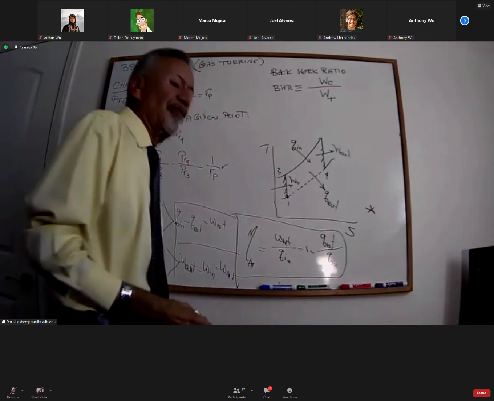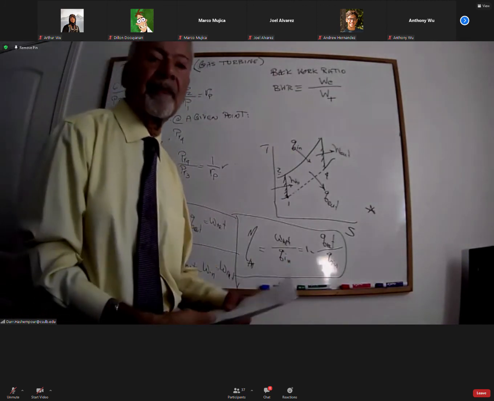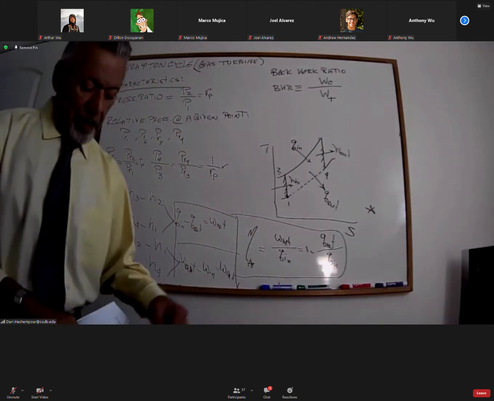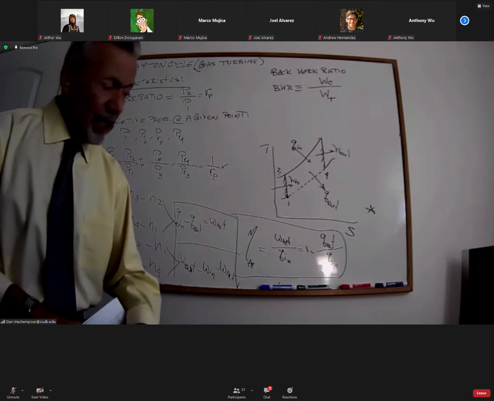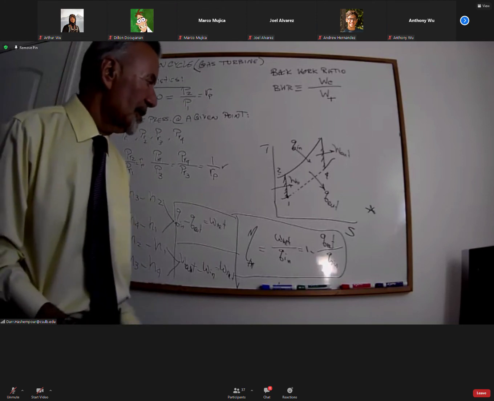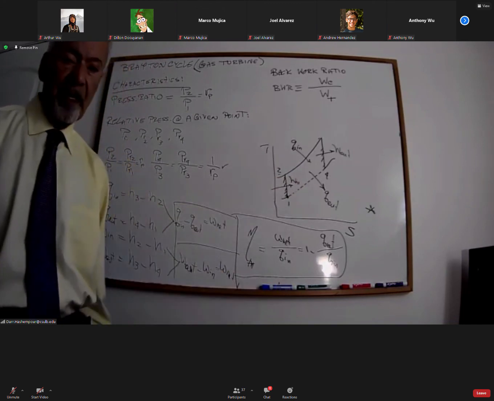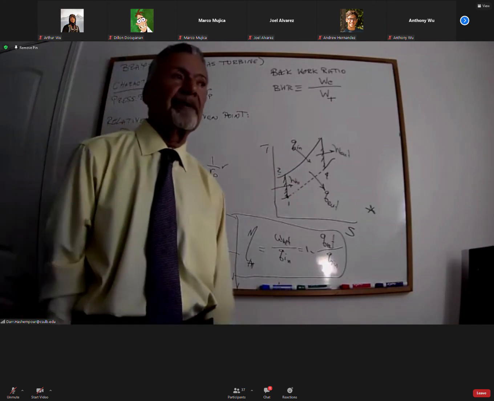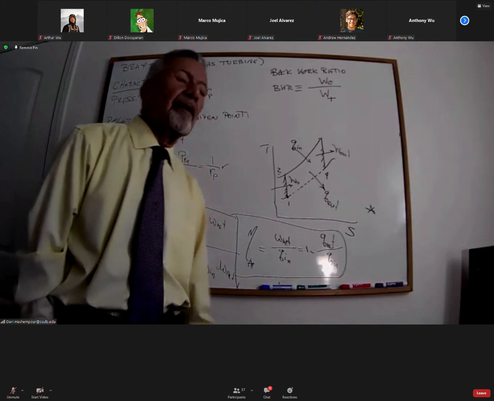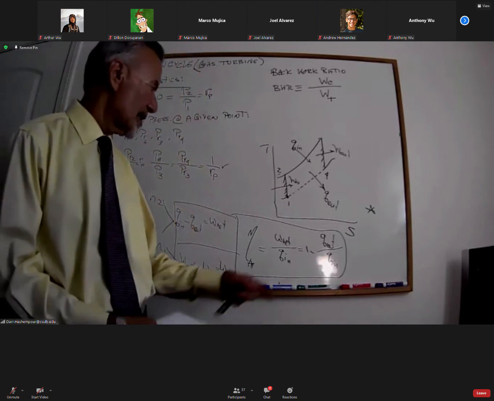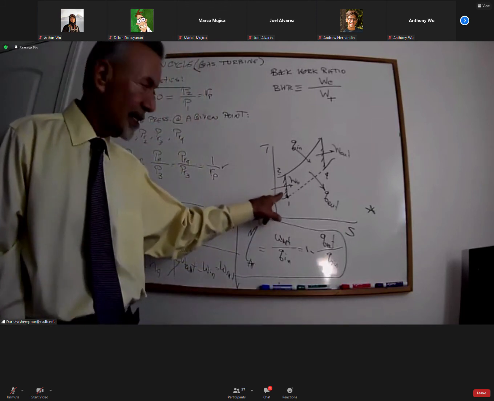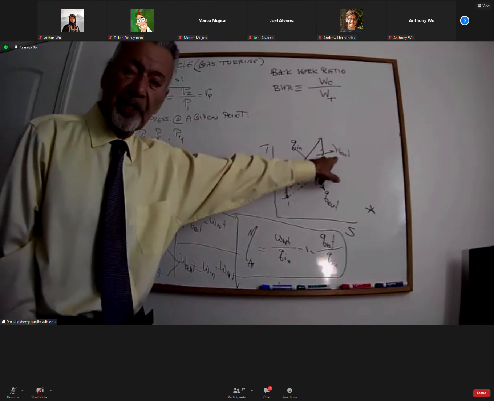Why is that so important to know? When we want to run this cycle, this compressor is already connected with the battery. We crank it. As soon as this starts, this will generate electricity.